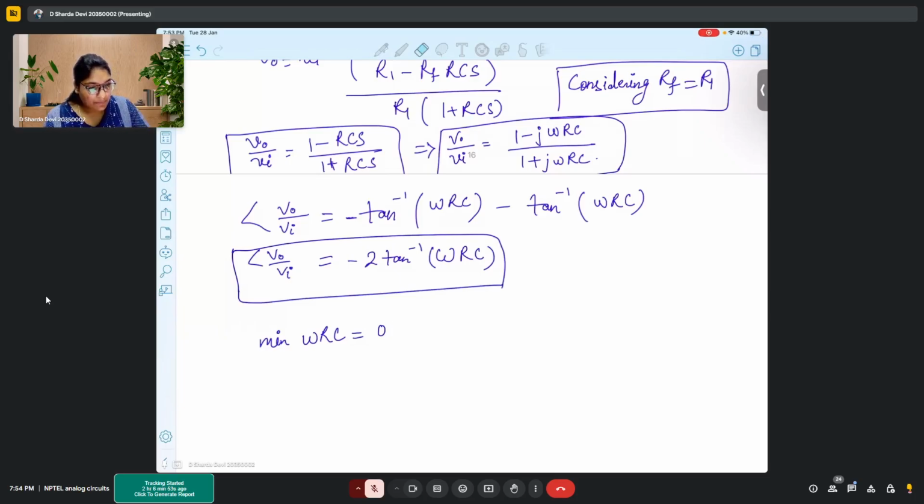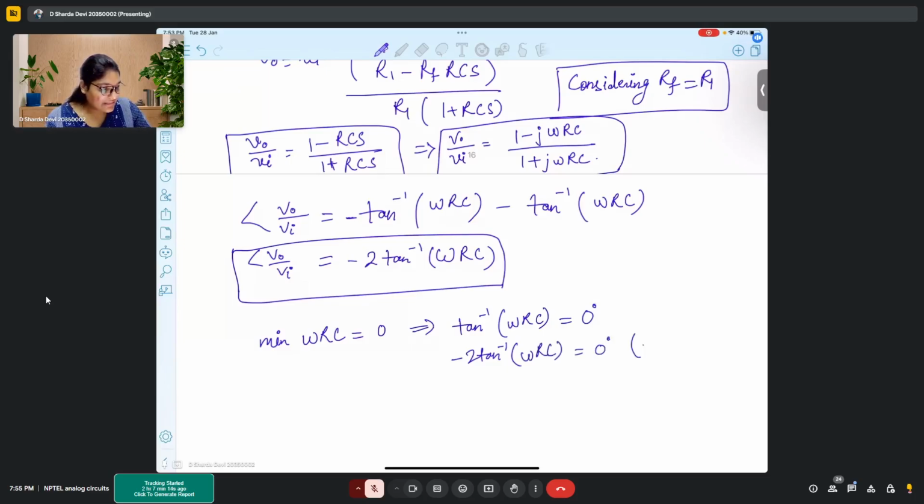Minimum of omega RC is 0. So tan inverse omega RC in this case would be 0 degrees, right? So 2 times tan inverse would be again 0, right? Minus 2 tan inverse omega RC would again be 0 degrees, right?